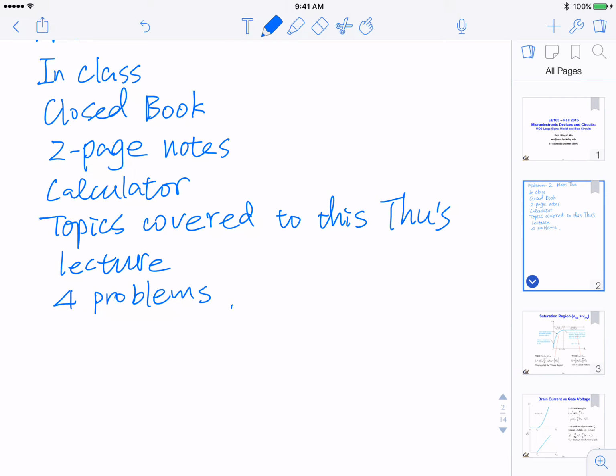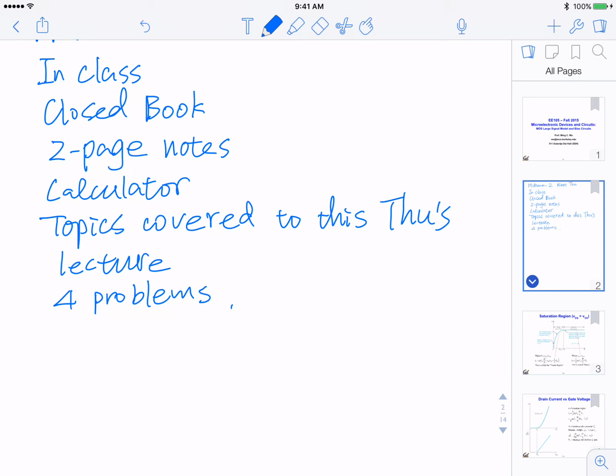Yep. Is it going to be cumulative, or from midterm 1? It will be primarily focused on the topics after midterm 1 because there's so much new material covered, but it's not going to be totally independent of topics covered before midterm 1.